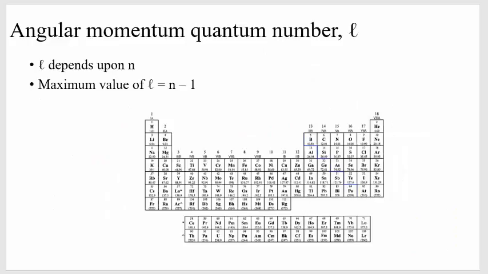The next type of quantum number to talk about is the angular momentum quantum number, and it's given the symbol L. I'll use a cursive L so it's very clear it is an L. The value of L, the angular momentum quantum number, depends on n, and there are some rules for L. The maximum value of L can be 1 minus the accompanying n value.